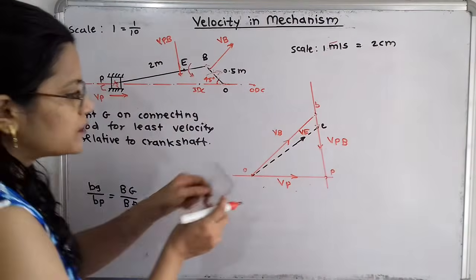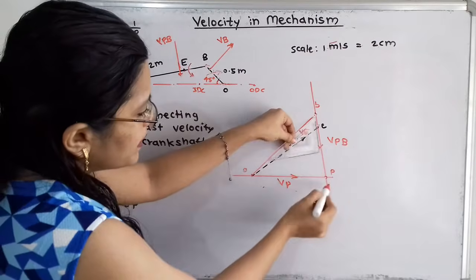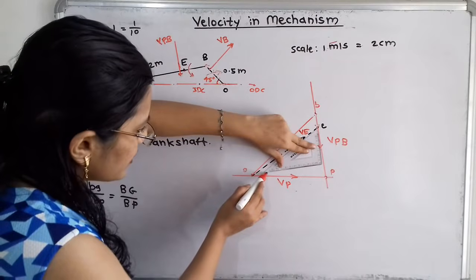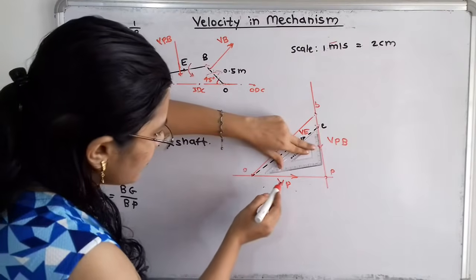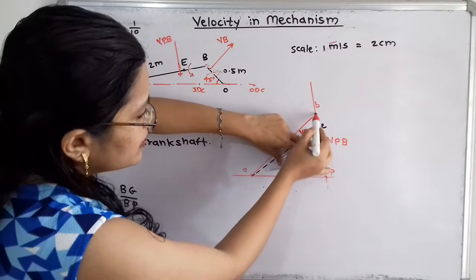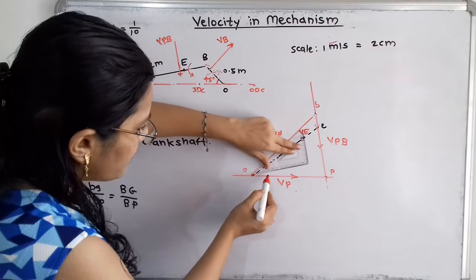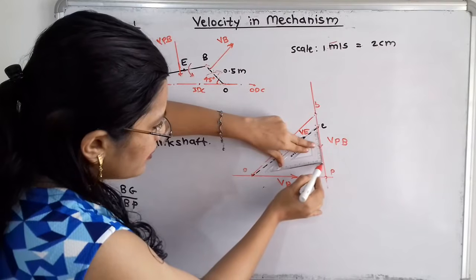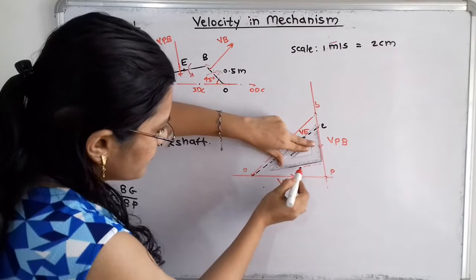If we align one edge with this vector BP, then from the other edge we can check whether the line is passing through this point O. So I will align one edge with this vector BP, and from the other edge I will draw a line that passes through this point O. Here, in the form of a dash, I will draw the perpendicular line.